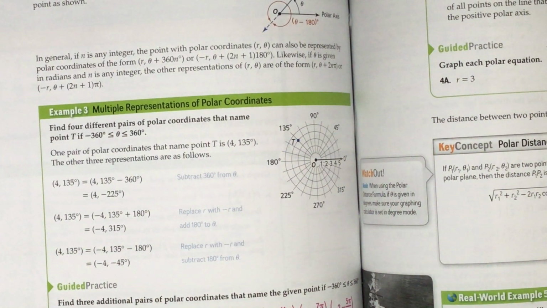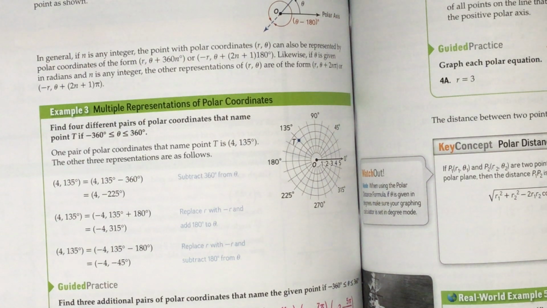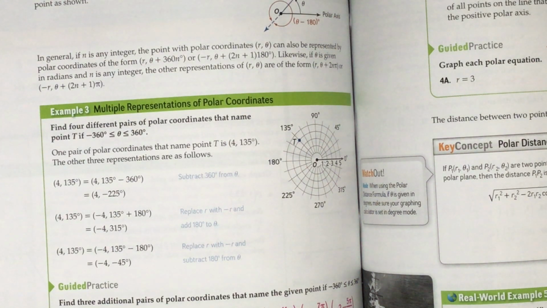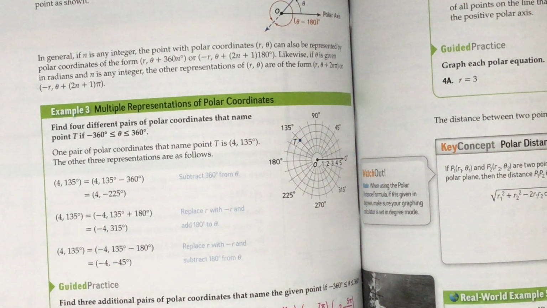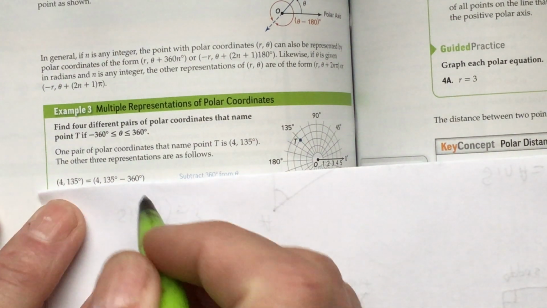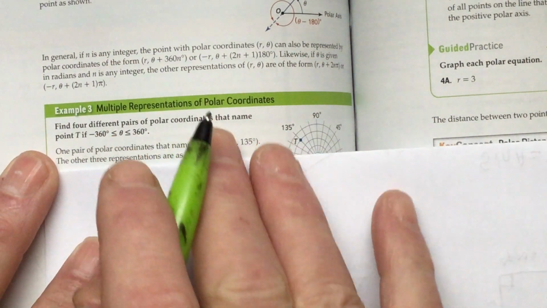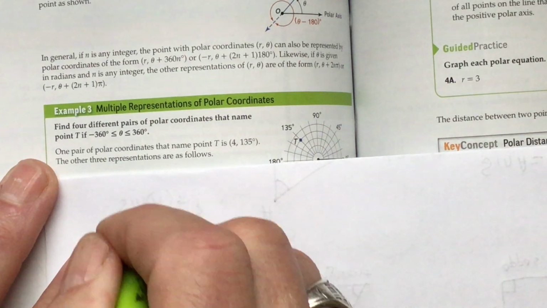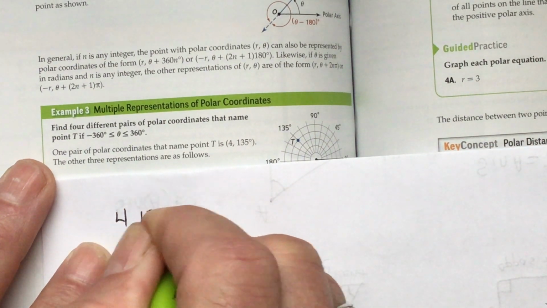So doing it with a graph, the original one was 4, 135.